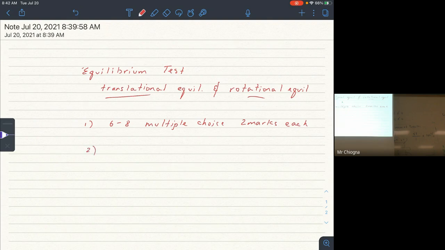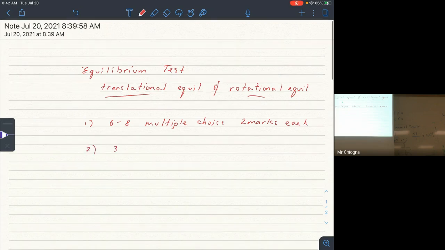Then 3 written, with more focus on rotational. So 2 rotational equilibrium questions, and expect 2 parts for both.